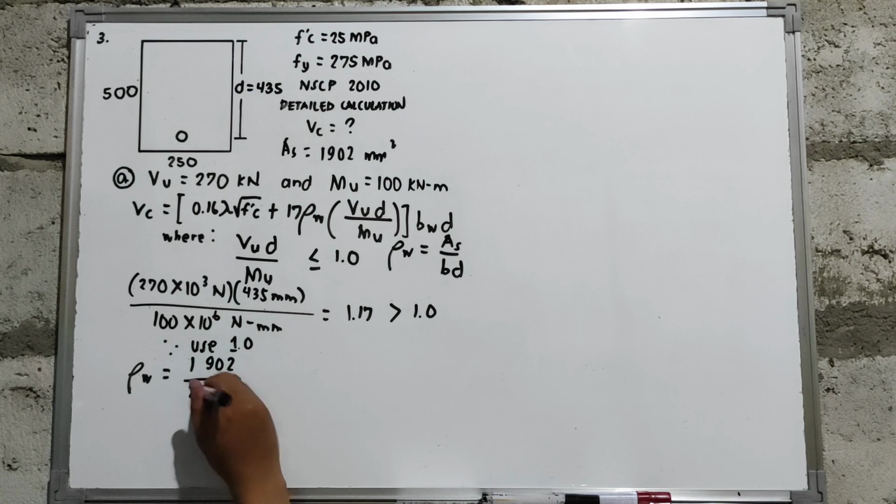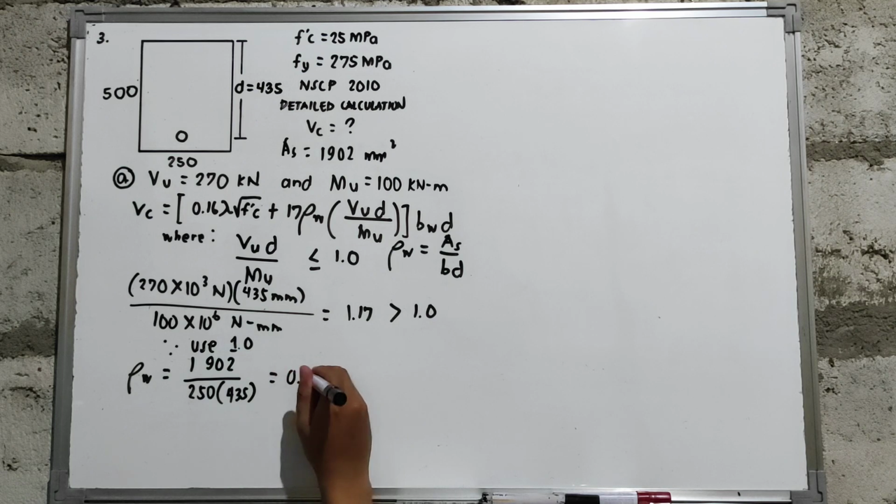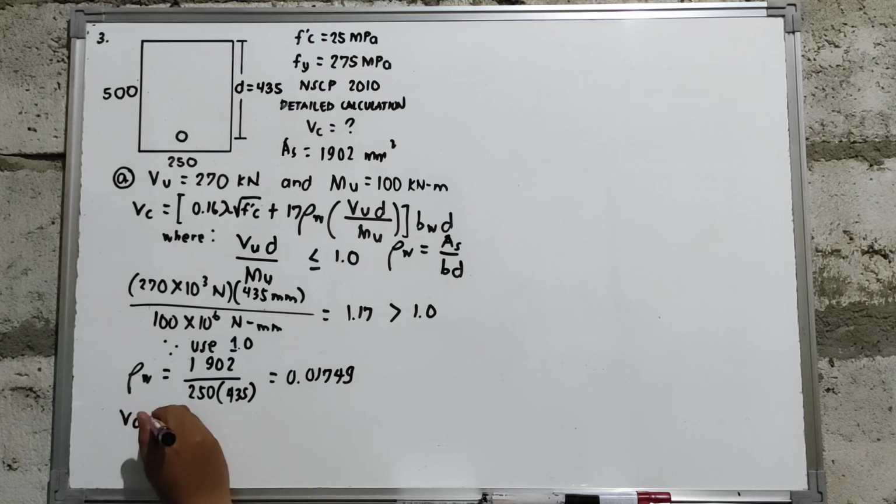Our base is 250, our effective depth is 435. So you have a steel ratio which is equal to 0.01749.